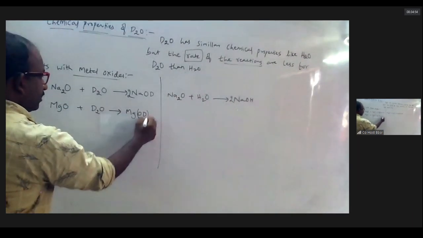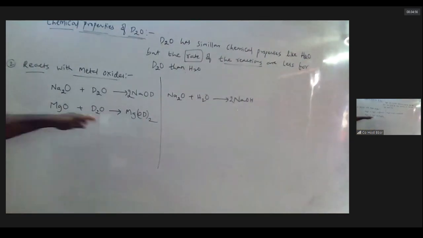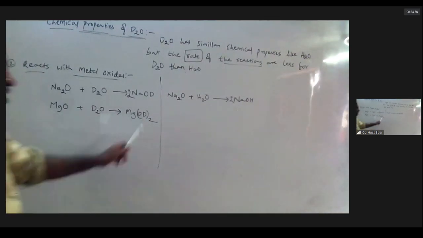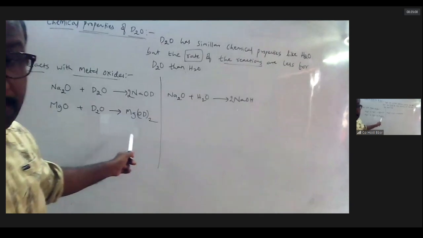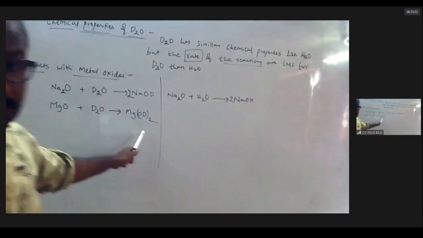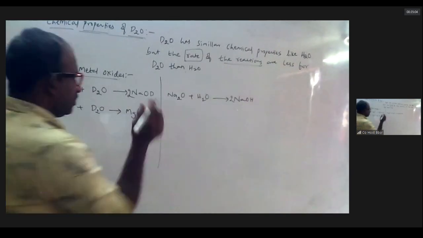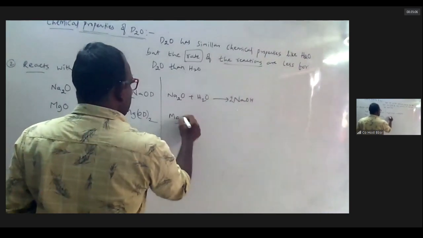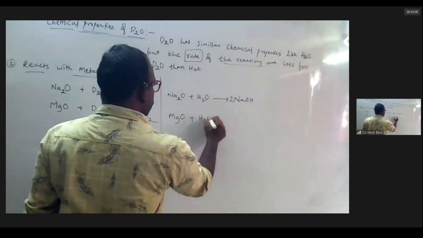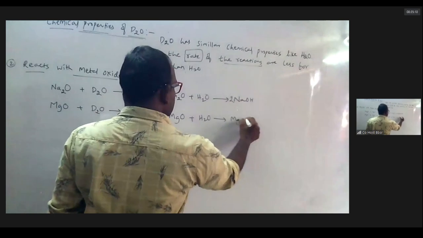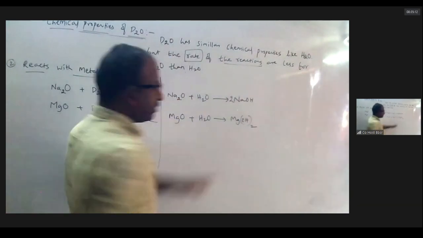यहाँ पर आप MgO लेने से D2O, that is MgOD taken twice, magnesium deuteroxide. With H2O, MgO plus H2O, MgOH taken twice, this is magnesium hydroxide.